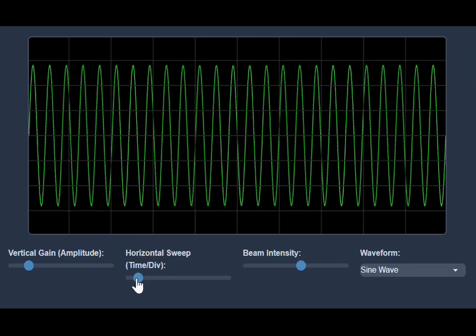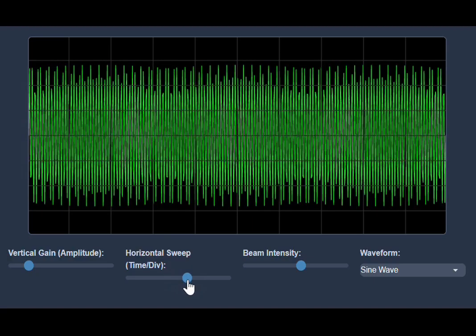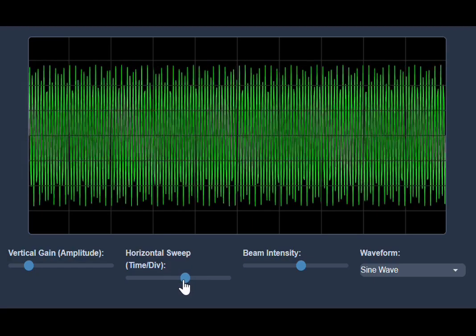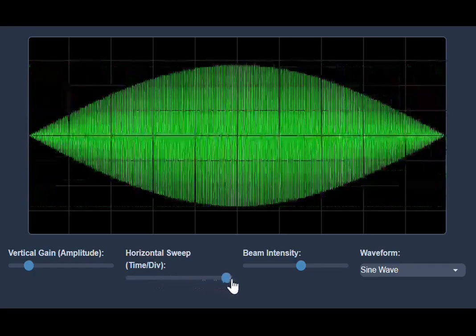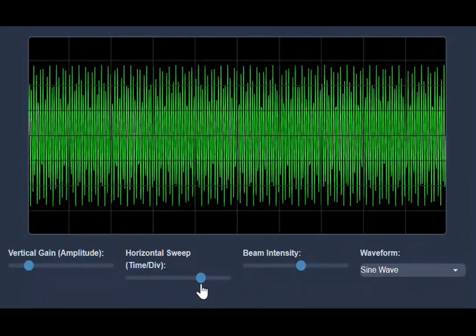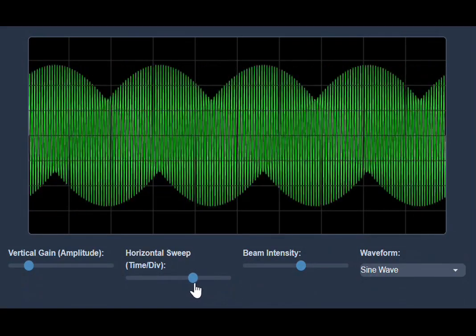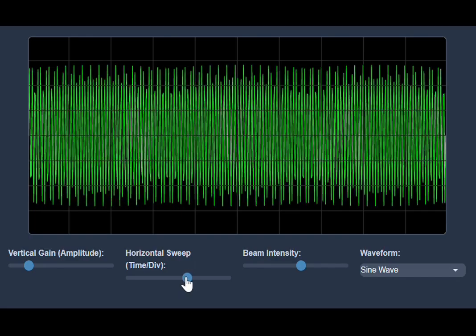The signal changes, however, we cannot identify it, so we need to control the speed of the electron beam sweep. The same applies to an RF signal or a communication signal with a similar waveform.